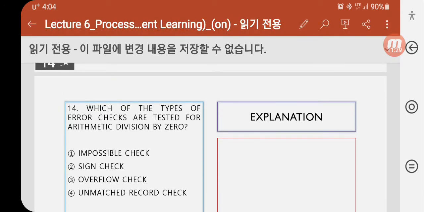Among the types of error checking, checking whether there is a case of dividing by 0 in the arithmetic operation term. This is impossible check.